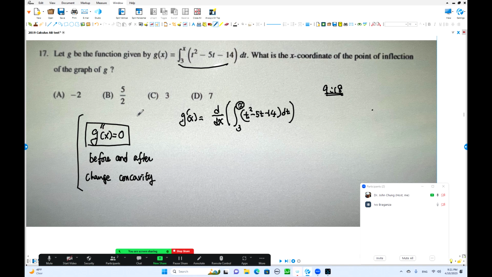This is a function of x, but we take the derivative with the same variable x, so it goes into the t. So g prime of x equals x squared minus 5x minus 14. That is g prime of x. This theorem is the second FTC.